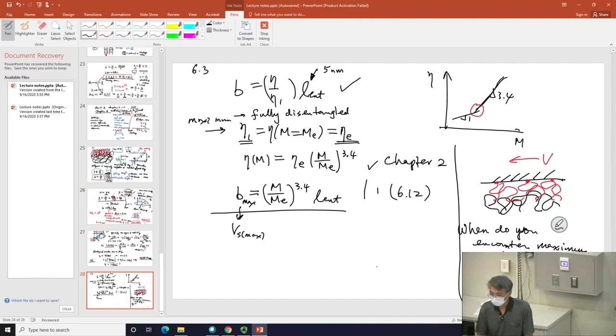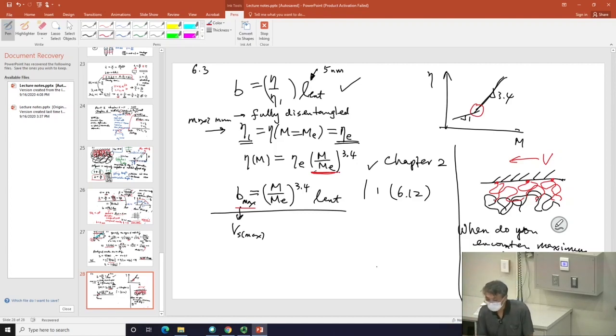So from that all the way to this ratio to the 3.4 power. So obviously, your inherent ability to slip the maximum amount is determined by how high your molecular weight is above ME.